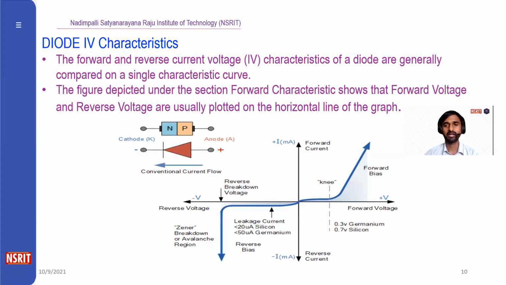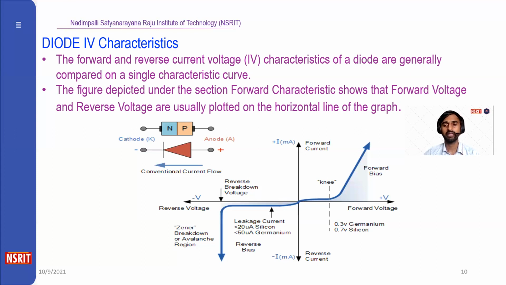So there are three major biasings: no biasing, forward biasing, and reverse biasing. When we apply forward biasing to our PN junction diode, we will be varying the voltage value in small steps and seeing the current flowing through the diode.